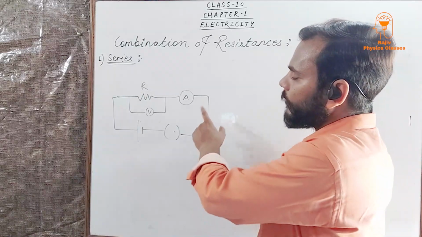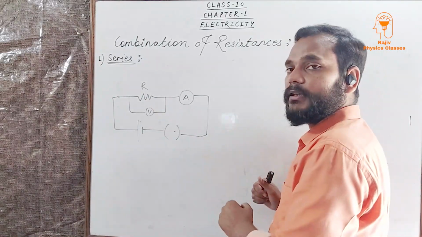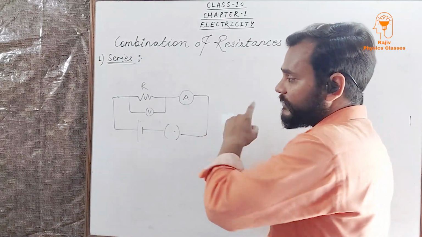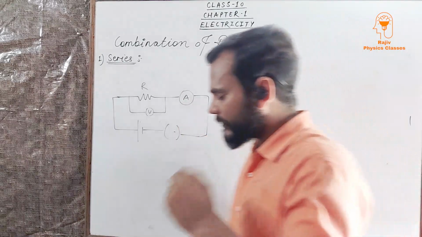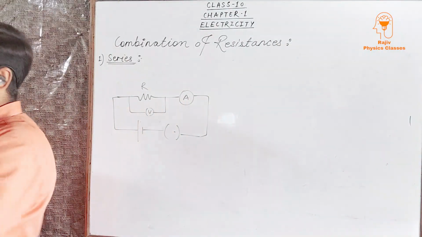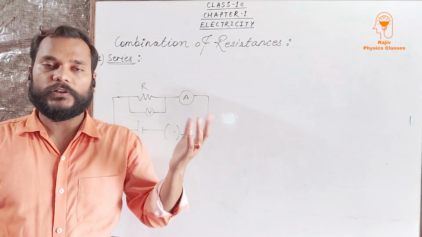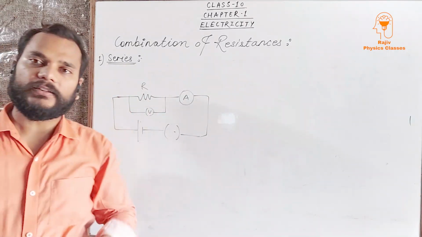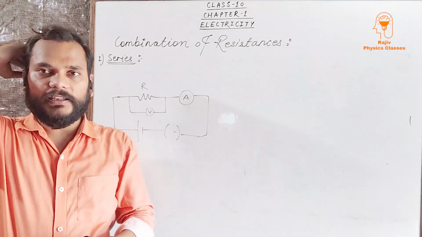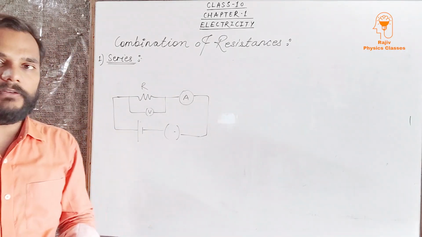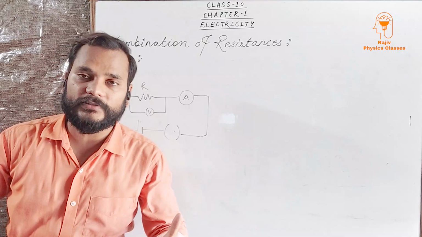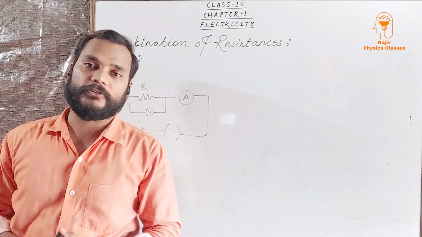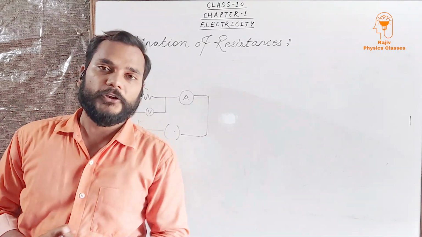Similarly, if I want to calculate the current through this resistance, we must connect an ammeter in series with this circuit. Remember that. And this is the only question for you: find out why the ammeter is connected in series with the circuit, and why the voltmeter is connected in parallel with the circuit, to get the exact value. This is today's question, you find out.